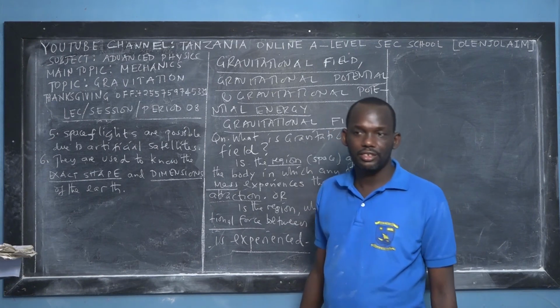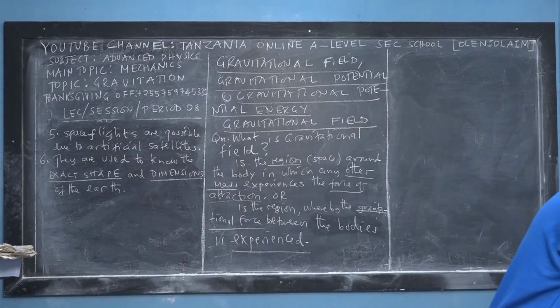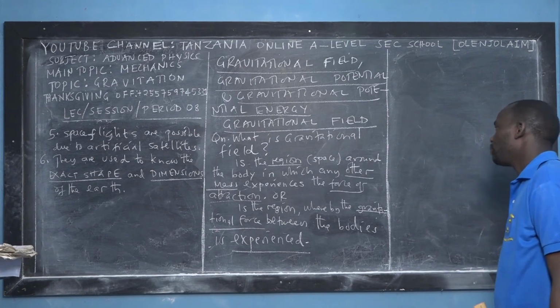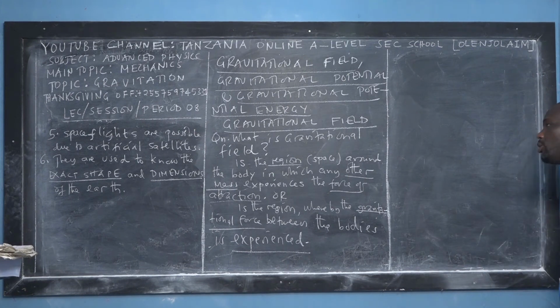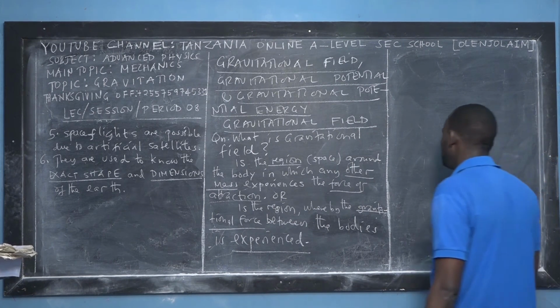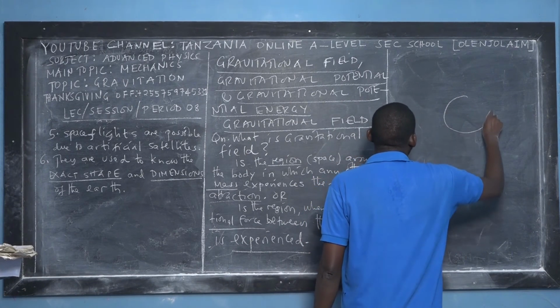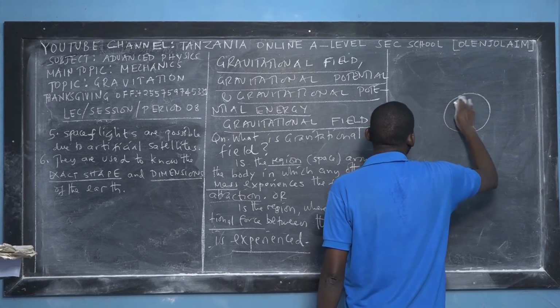In case you have two bodies in a certain space, and there is no force of attraction between them, then we say that those two bodies are out of the gravitational field. So we say the space around the body in which any other mass experiences the force of attraction. What does it mean? Suppose that we have the Earth.